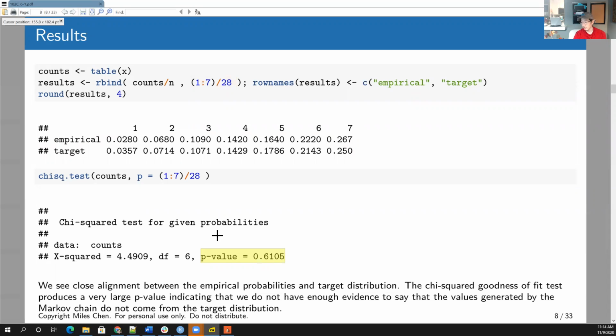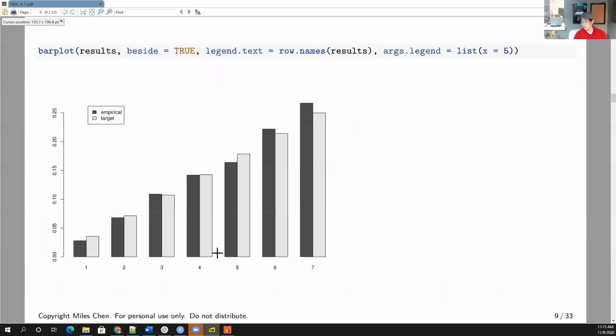Okay, so we see a very close alignment between the empirical probabilities and the target distribution. The chi-squared goodness of fit test produces a large p-value, so we don't have any evidence to say that the values generated by the Markov chain are not coming from the target distribution. Here's a bar plot showing the empirical versus the target probabilities.